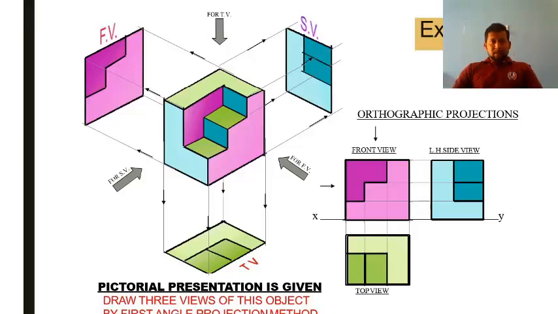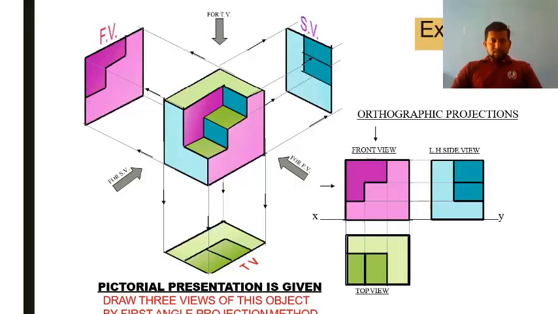Since it is perpendicular to the top view, whatever lines are vertical, those lines will appear like points. Okay, so these concepts are taken from the projection of points only, so no need to worry about these things. I hope we will definitely understand this one. And next we are able to see this rectangular kind of thing, and after that this line becomes zero and this line becomes zero, and once again we are able to see this one.